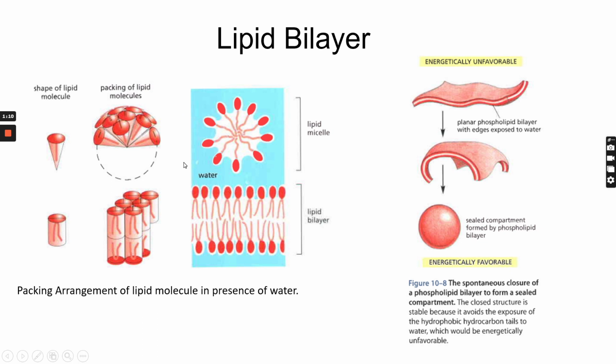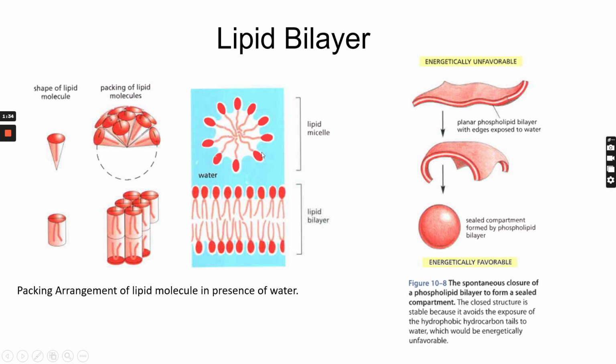To start with, how does lipid react when it comes in contact with water? If you think of these cones as single lipid molecules, what happens in the presence of water? These cones turn and come together and form a lipid micelle.